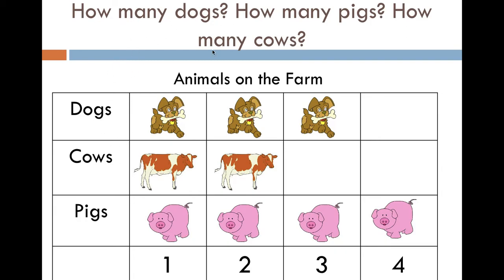So how many dogs? We can just straight count: 1, 2, 3. We would say there are 3 dogs. Remember to use complete sentences when we're answering questions. How many pigs? 1, 2, 3, 4. There are 4 pigs. And how many cows? 1, 2. There are 2 cows.